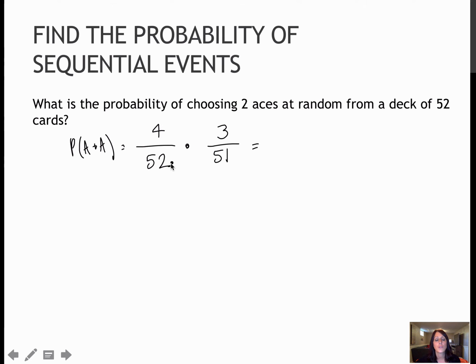So I've got 4 52nds times 3 51st. Again, I'm going to do some reduction, so I'm going to divide by 4 and divide by 4. I'm going to divide by 3 and divide by 3, and then I'm going to multiply 1 over 221. So that's the probability.